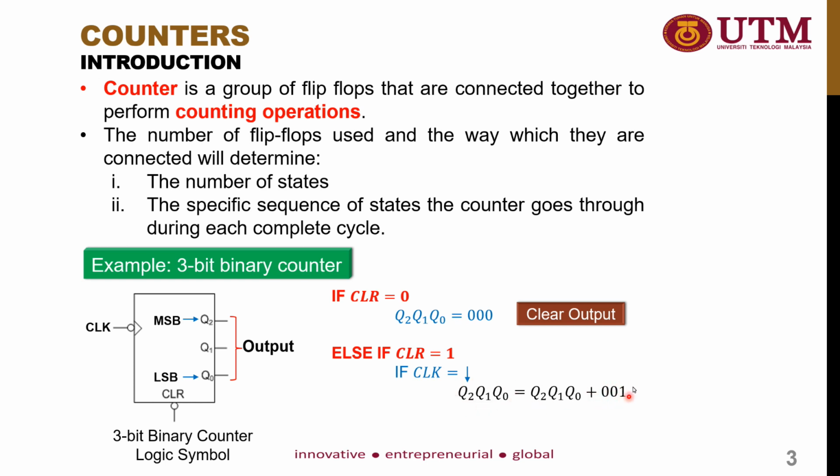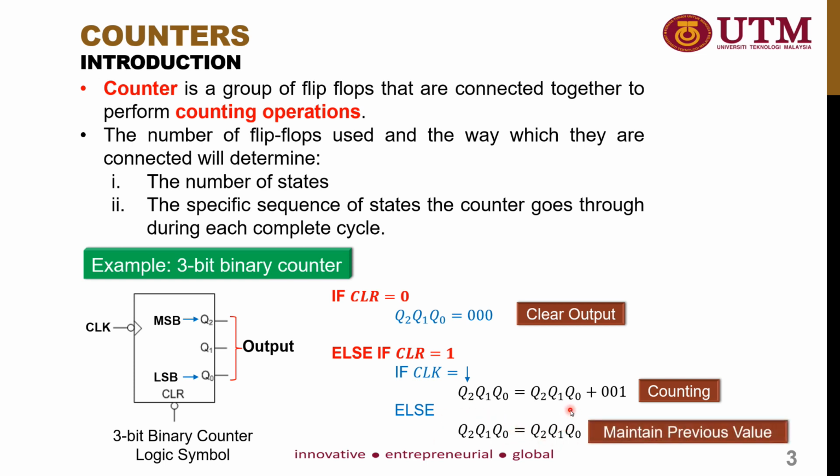This counter is used to count binary numbers, so each stage will add 0, 0, 1. Otherwise, if the counter doesn't detect any falling edge, the output will remain. It will maintain the previous value.